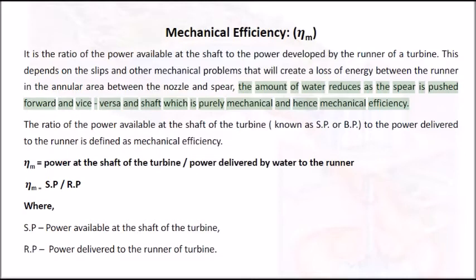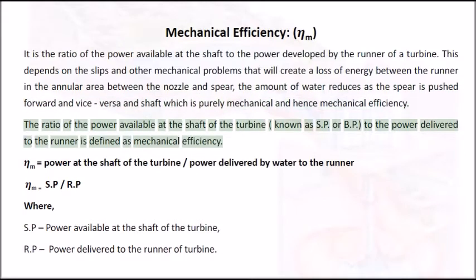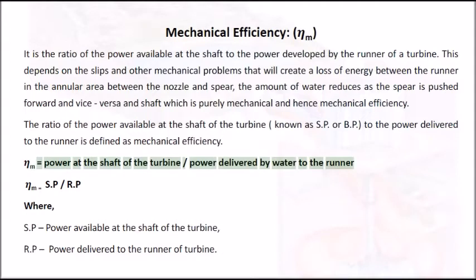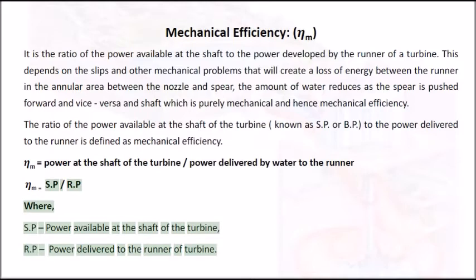The ratio of the power available at the shaft of the turbine, known as SP or BP, to the power delivered to the runner is defined as mechanical efficiency. ηM equals power at the shaft of the turbine over power delivered by water to the runner, so ηM equals SP/RP, where SP is power available at the shaft of the turbine, and RP is power delivered to the runner of the turbine.